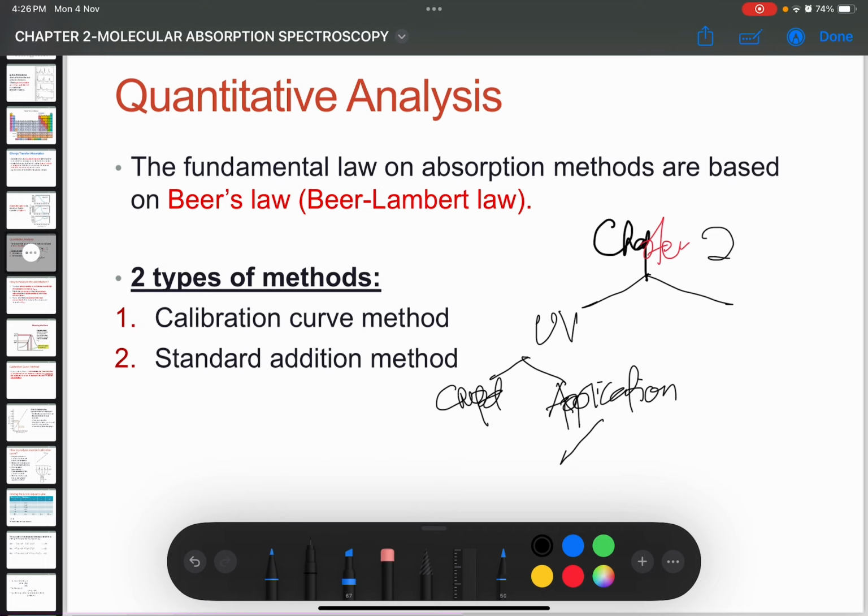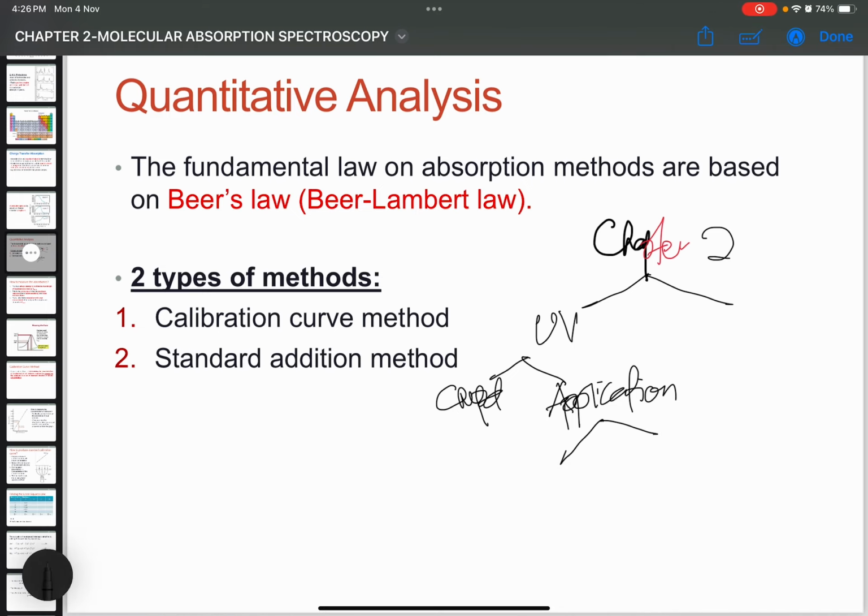UV can be used to do qualitative and also quantitative analysis. Based on our past experiment, UV for qualitative is when we scan absorbance versus wavelength.